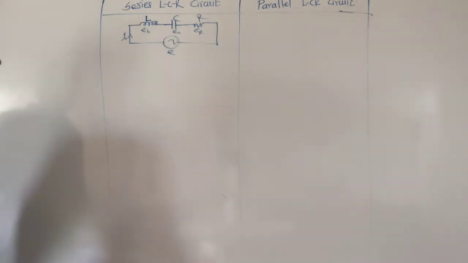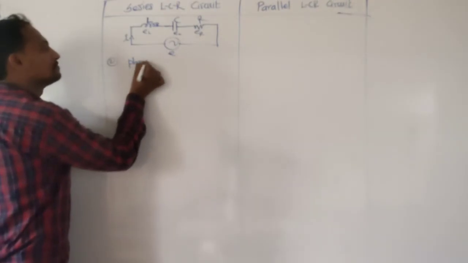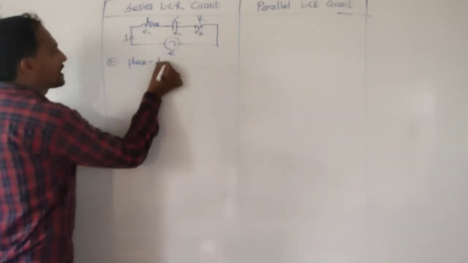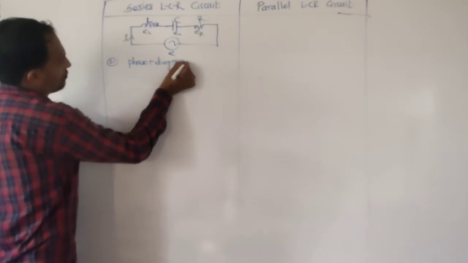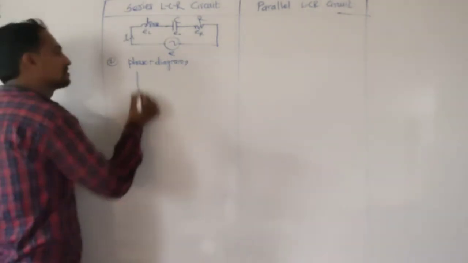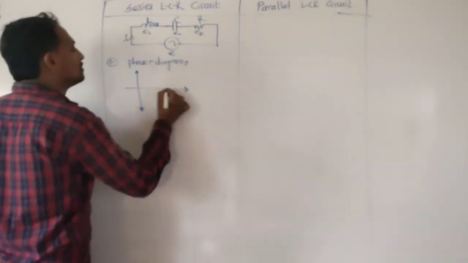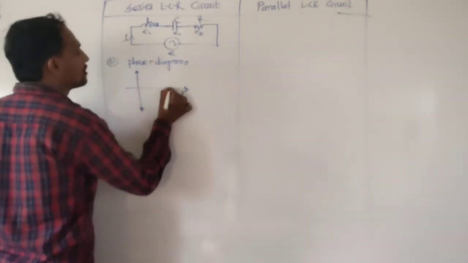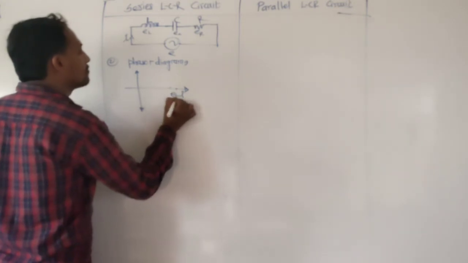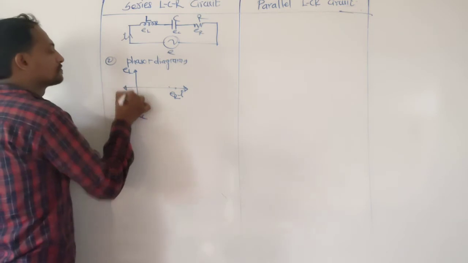For the second term we have the phasor diagram. For this we have to draw in terms of EMFs. So across this, current I goes, and also the EMFs across this, EC, EL.